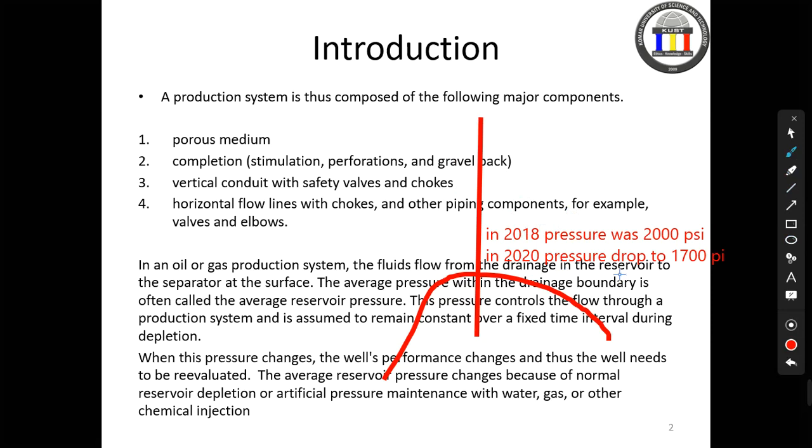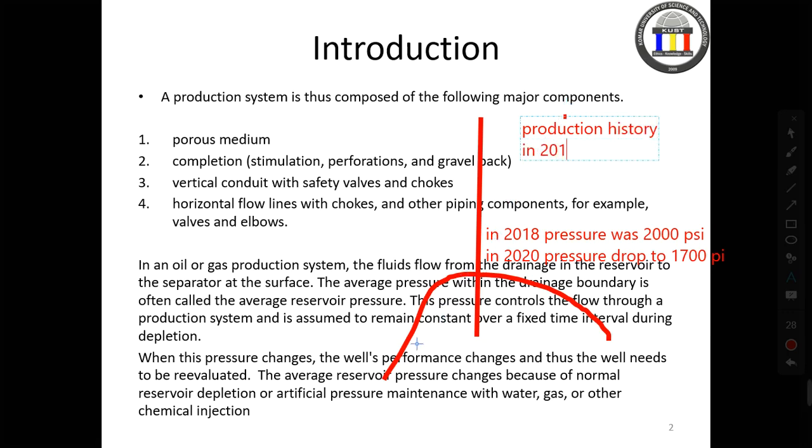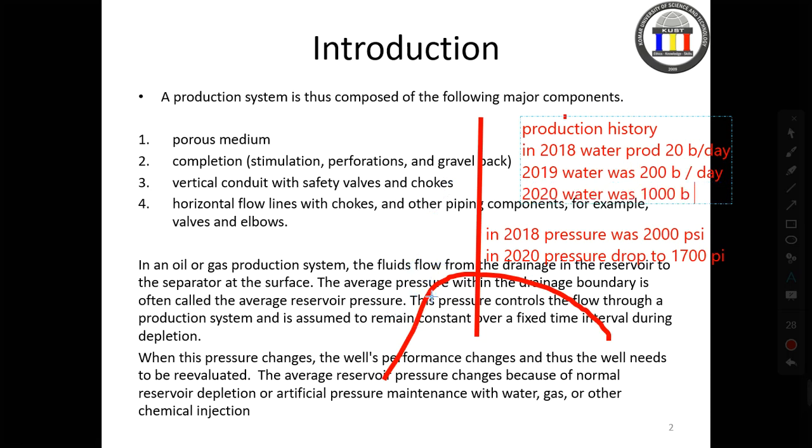Or if, for example, you are monitoring the production history, and the production history says in 2018 water production was 20 barrels per day, in 2019 water was 200 barrels per day, and in 2020 water was 1000 barrels per day.